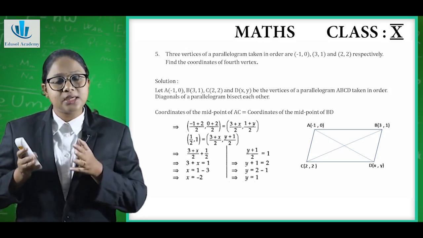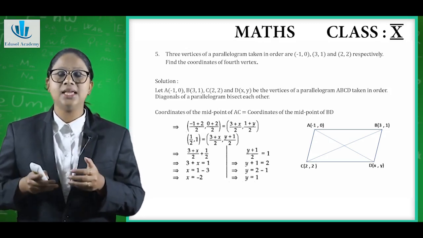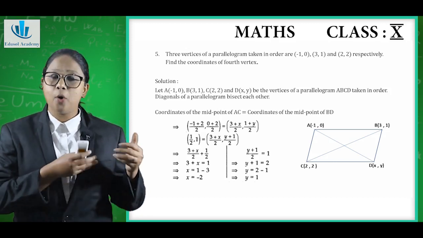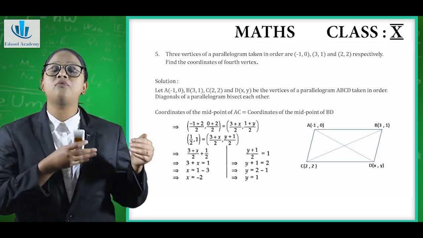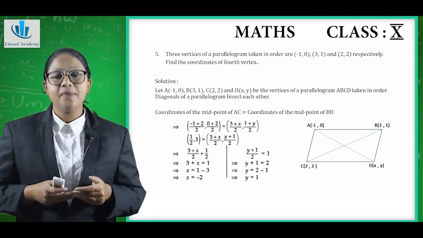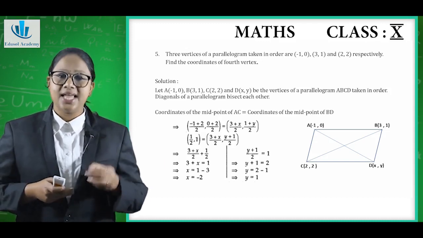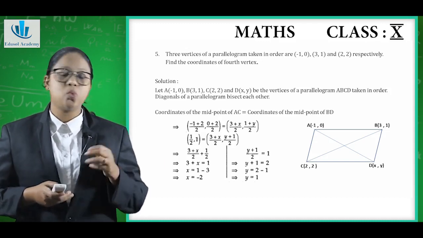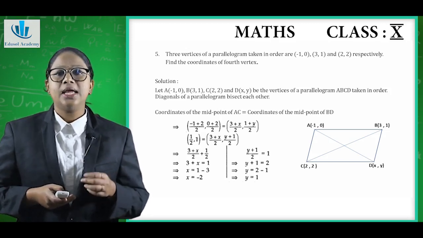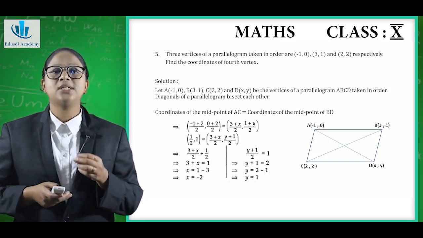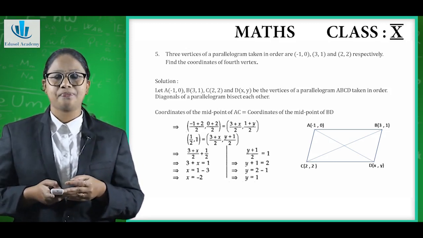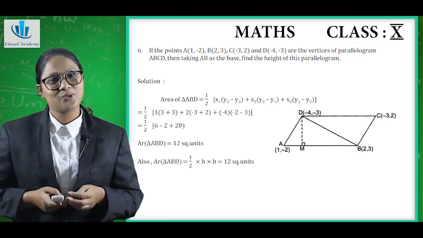Now you can find the midpoint of AC using midpoint theorem. Using midpoint theorem again, you can form the equation to find midpoint of BD. Equate both of them, we will get x as -2 and y as 1. So x is equal to -2, y is equal to 1 is the coordinate of the fourth vertex of the parallelogram. Moving on to the next question.